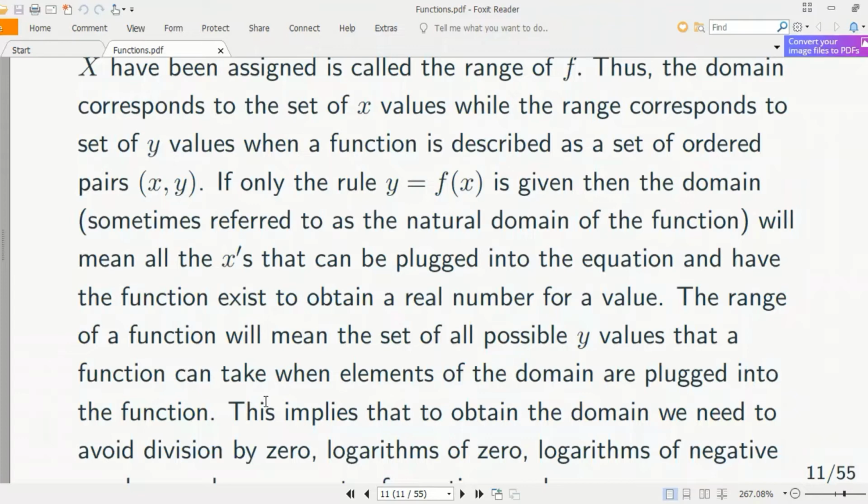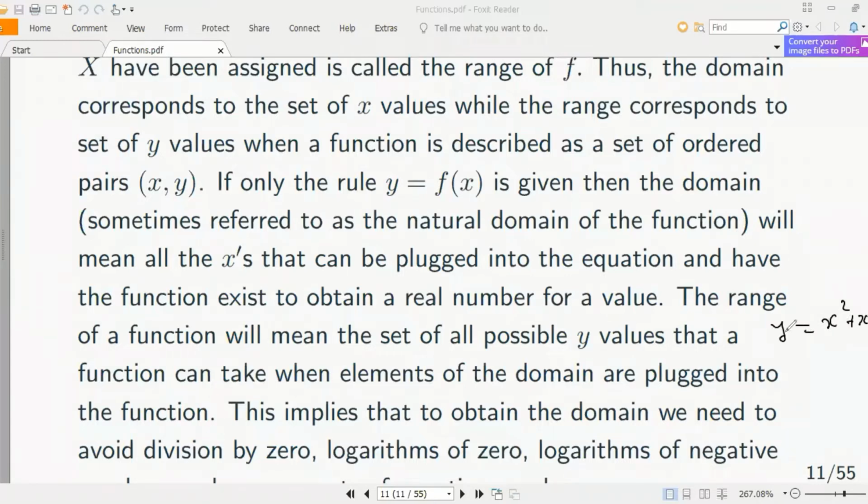So that means if, for instance, you're given this function y equals x squared plus x, then what is the domain? Think of what x values I can plug here, and the equation will still have a real number. What x values can I plug here?